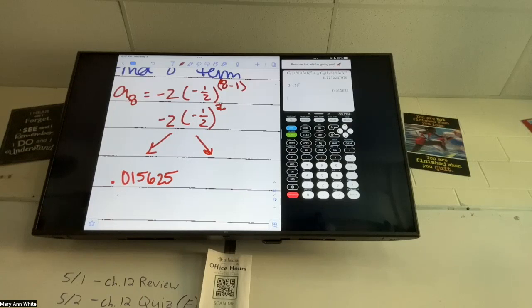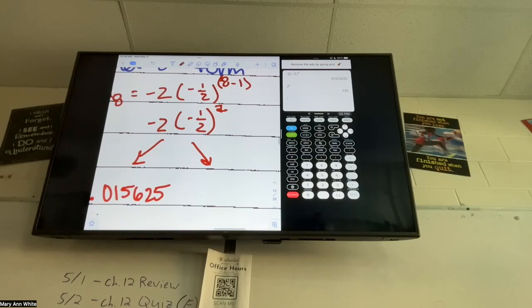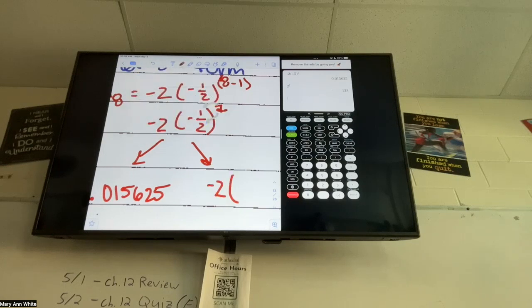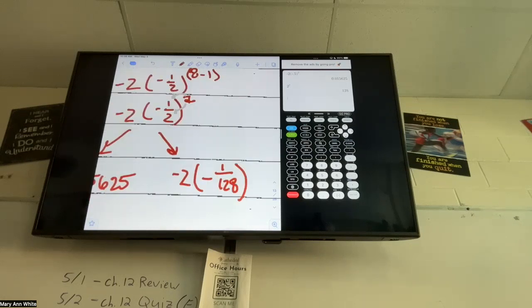If we did it by hand, I'm still going to use the calculator because I truly don't know what 2 to the 7th is off the top of my head. When we have exponents that we do by hand, you can think about giving that 7 to the 1 and to the 2. So that's going to give me -2 times -1/2 to the 7th, which is 128.